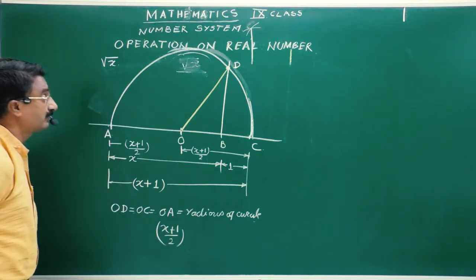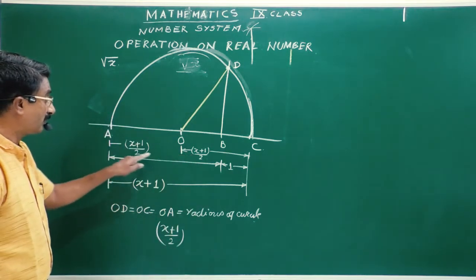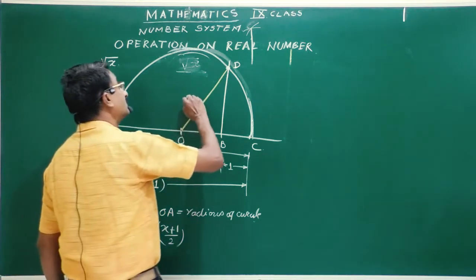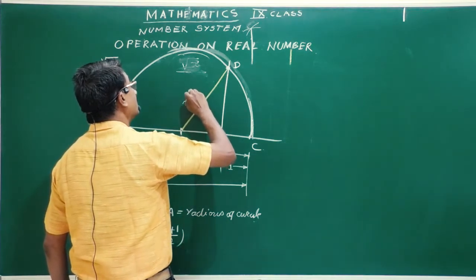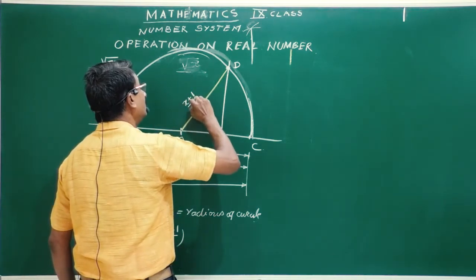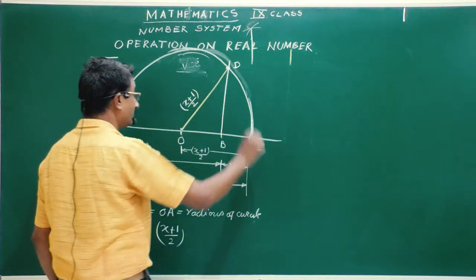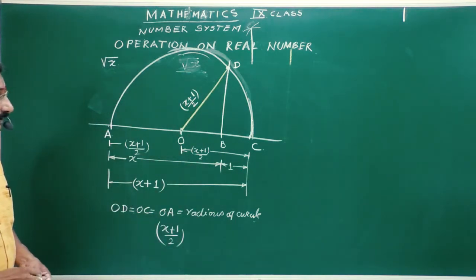It is very clear to you. So this distance will be equal to (x plus 1) upon 2. Clear?